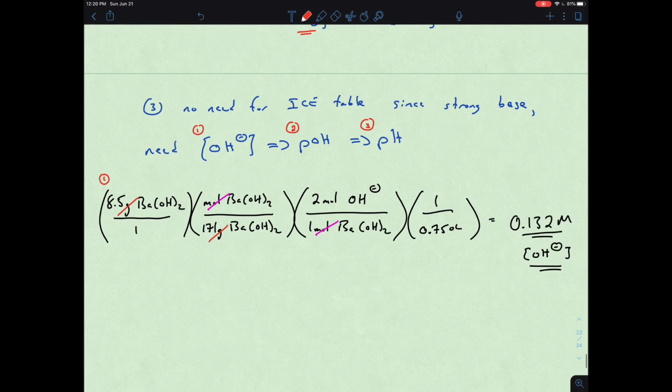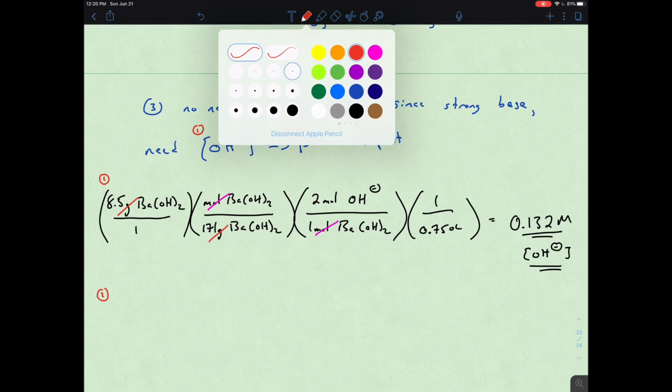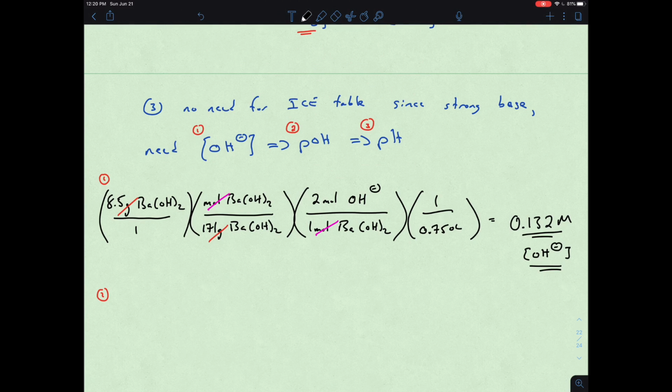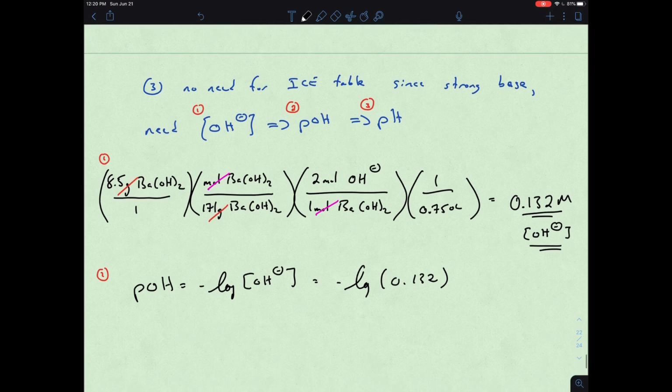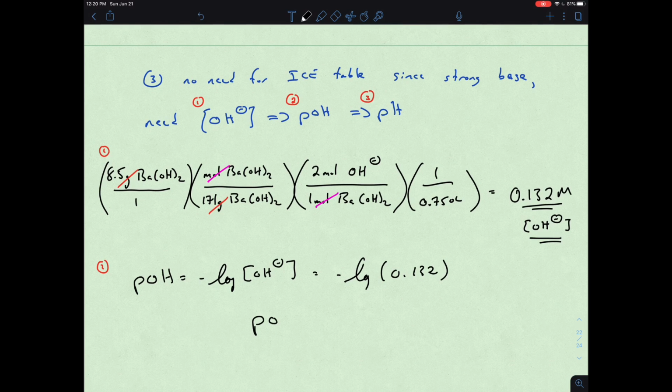And then we can go to the second piece, which is to get our pOH. Remember, that's the negative log of our hydroxide ion concentration. So that's the negative log of our 0.132. And we end up with a pOH equal to 0.88.